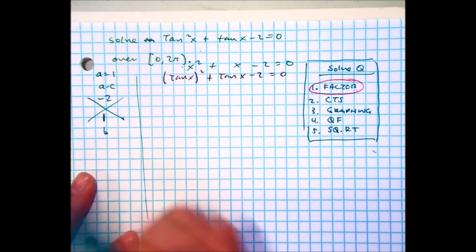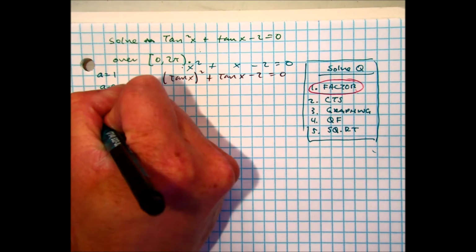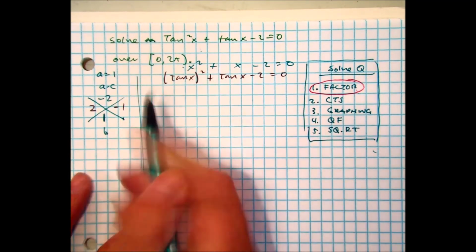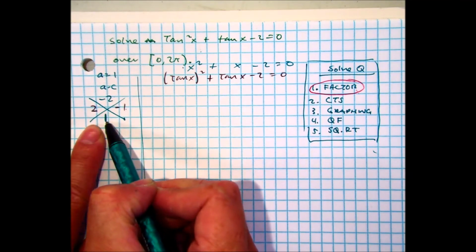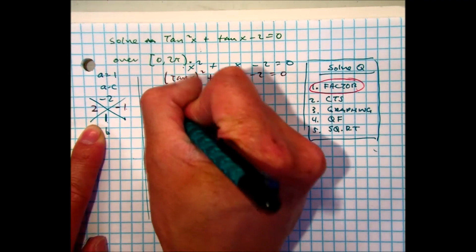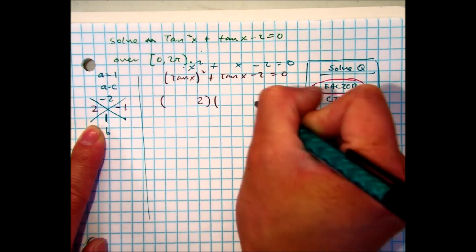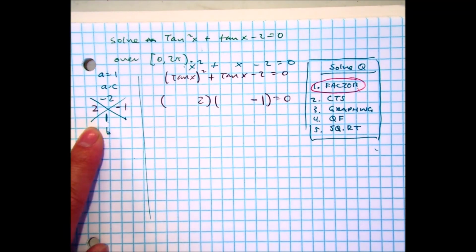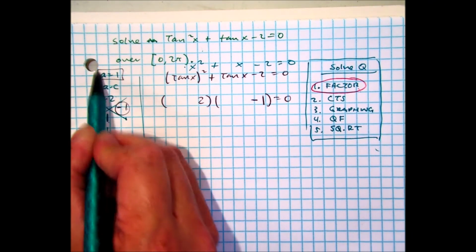Two numbers that multiply to be negative 2, but also add to 1. These multiply to be negative 2. Does that add to be positive 1? Yeah. So my answer here is 2 and a negative 1. And remember, you don't need to do the box because you have an a equals 1.